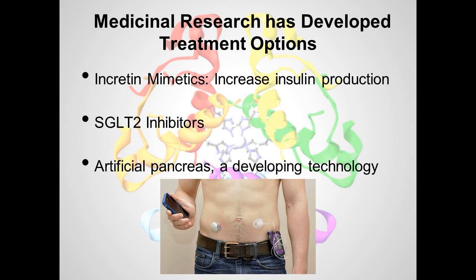Currently, and quite recently, incretin mimetics have entered the market thanks to the FDA as an injected treatment. Incretin mimetics mimic the hormone incretin that effectively tells the pancreas to produce more insulin.